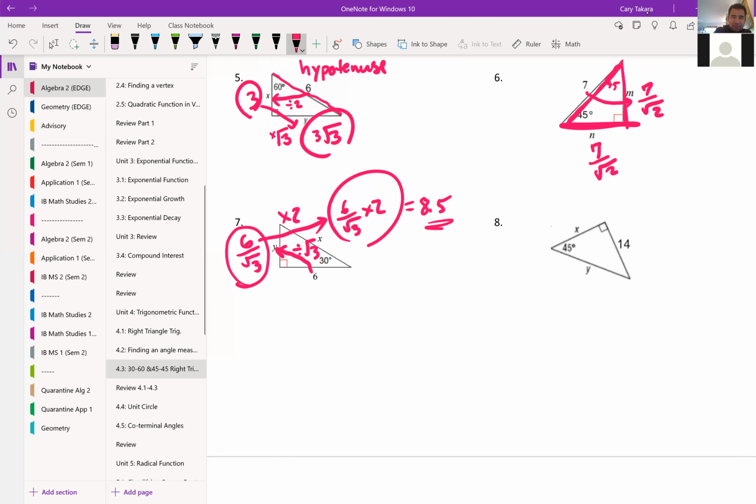Oh, yeah, my bad. So 8.5 is wrong, isn't it? And then I double that. I divided by square root of 2 instead of square root of 3. So 6 divided by square root of 3 and then multiply by 2. So my bad. So it's 6.9. Thank you.